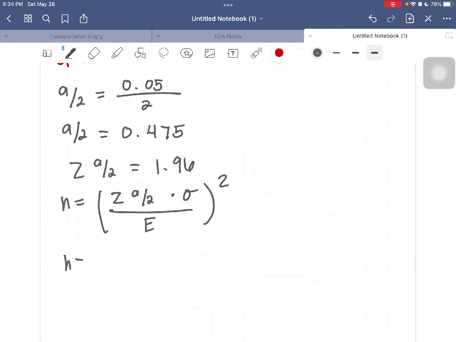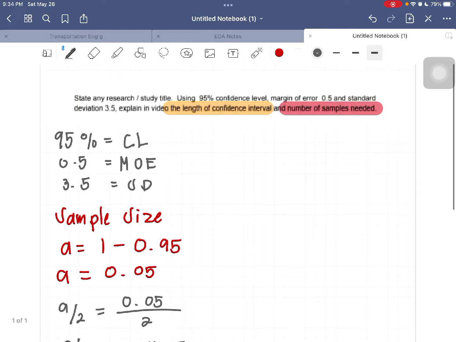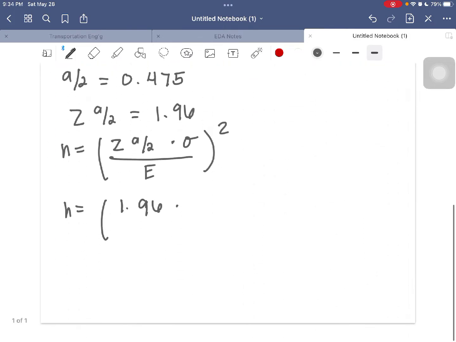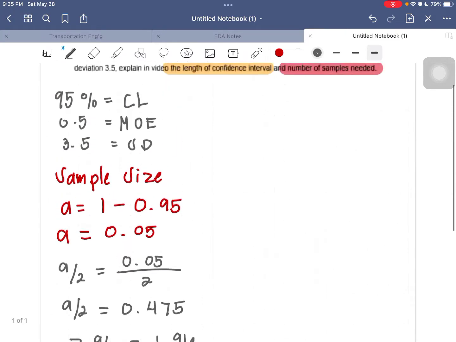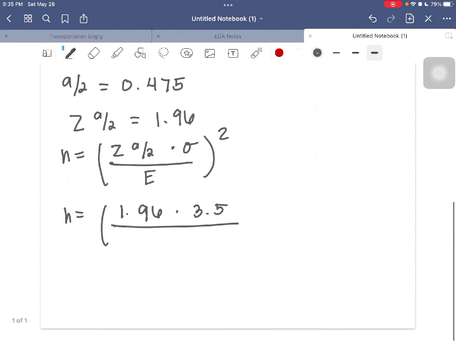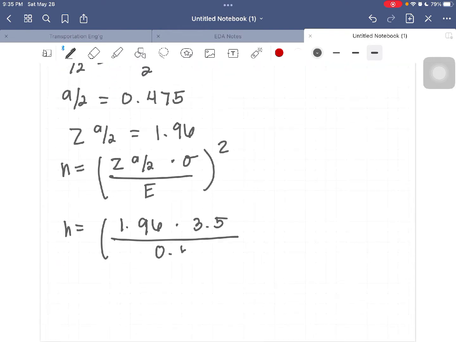So N is equal to, ang value ng ating Z A over 2 is 1.96. Then ang standard deviation naman natin ay, let's go back here, 3.5 over margin of error natin ay 0.5. At squared natin sa 2.